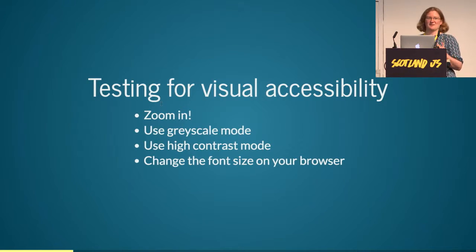Although it doesn't show you all the different types of colour blindness, if you've got a good difference between the saturation of colours, then people should be able to differentiate between them even if they can't differentiate between the hues. So if you put it into grayscale and everything works fine, then that should be good. And also, of course, people often change the font size on their browsers, so you should do that. Make sure that all the relationships stay the same, don't break down, and you don't get things overlapping.